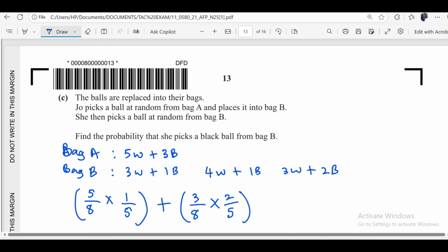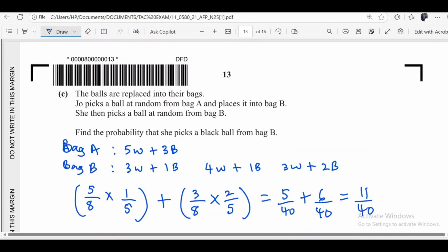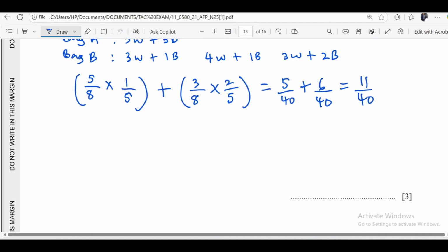Evaluating this, the first bracket is 5/40, the second bracket is 6/40, and the denominator is the same. 5 plus 6 is 11/40. So this gives us 11/40, and that's what we are entering here.